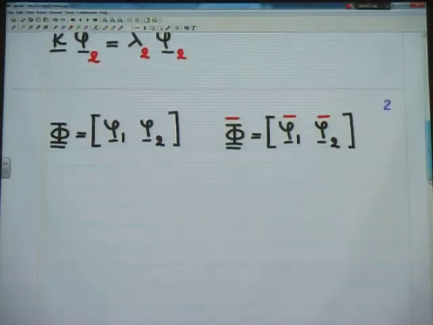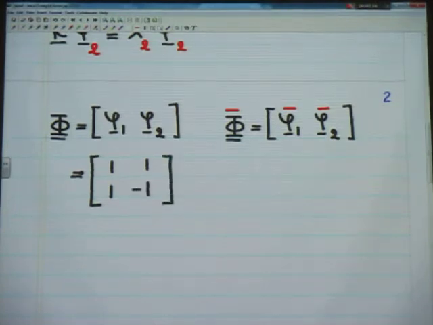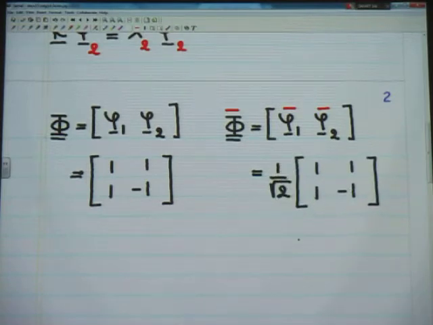Now recall what the matrix big phi was in terms of the numbers. The first eigenvector is 1, 1, and the second eigenvector was 1, minus 1. Very similarly, there's a common factor 1 over square root of 2, right? So essentially you have 1 over square root of 2 times this same matrix here, because that's phi 1 and phi 2.